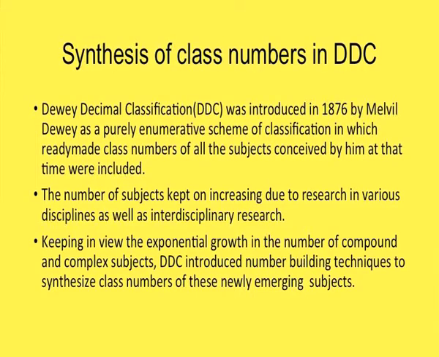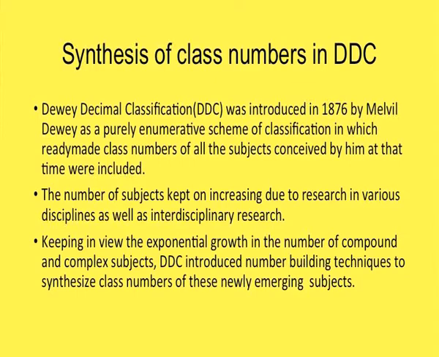Dewey Decimal Scheme of Classification was introduced by Melville Dewey in 1876 as a purely enumerative scheme of classification, in which ready-made class numbers of almost all the subjects conceived by him at that time were included.